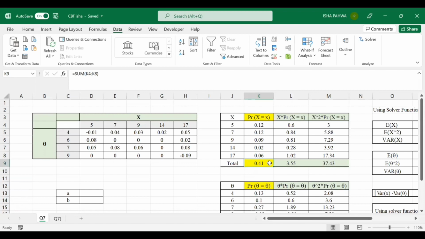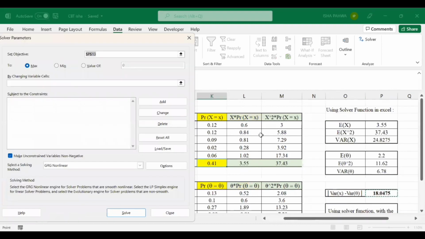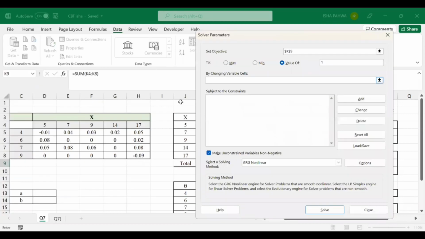So we would use this and choose K9 as our objective, and we need a value of 1 by changing variables. So what are the things we need to change?